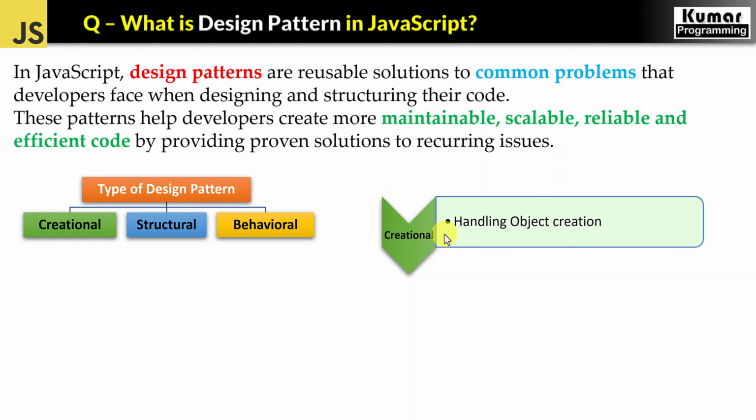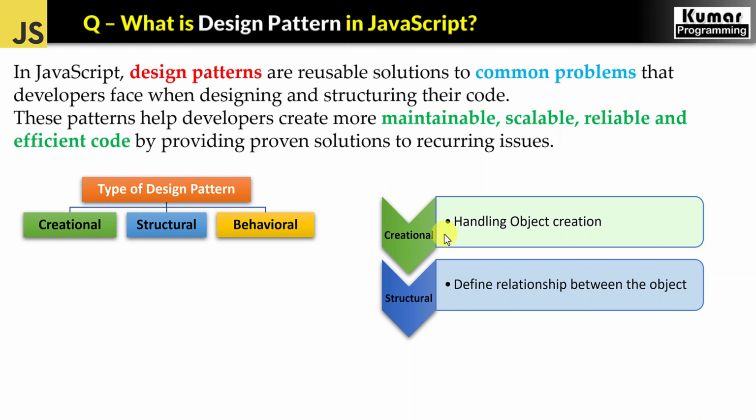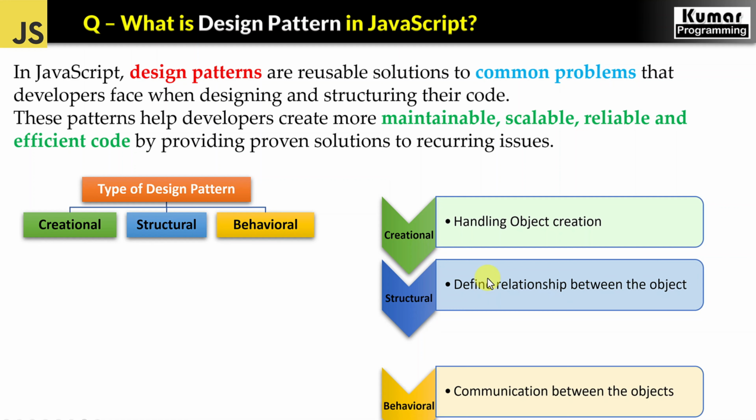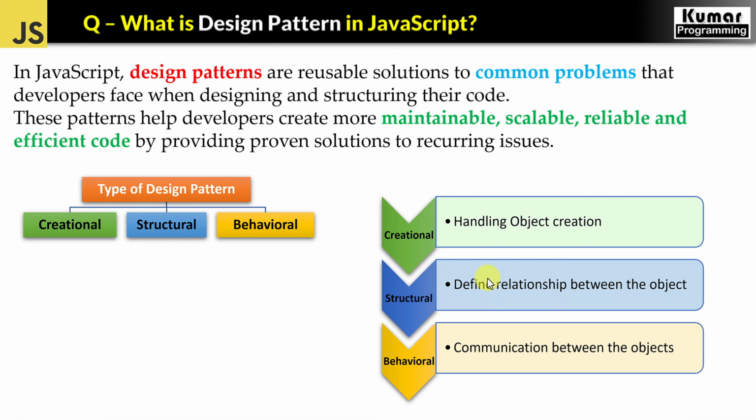And once an object is created, then we have to define the relationship between the objects, right? So the pattern which defines the relationship between the objects is known as a structural pattern. And once we have created the objects and defined the relationship between them, then we need to communicate between the objects, right? So the pattern which is used to communicate between the objects is known as a behavioral design pattern.